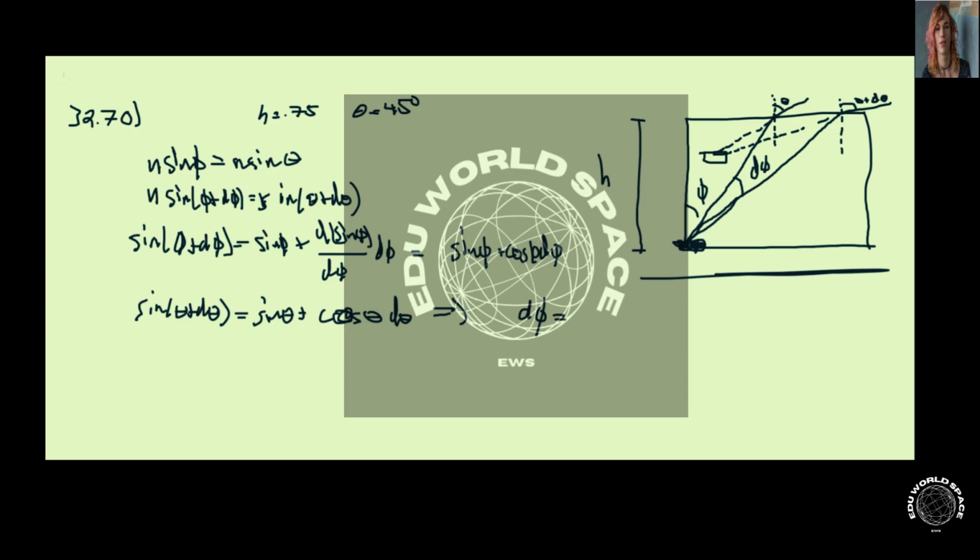So we have d phi is equal to cosine theta over n cosine phi d theta. Cool. This will be very important for us to use later.